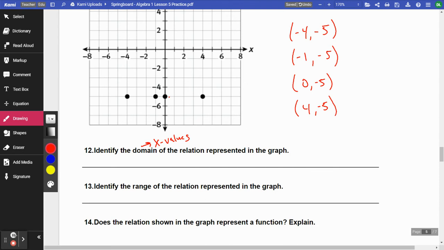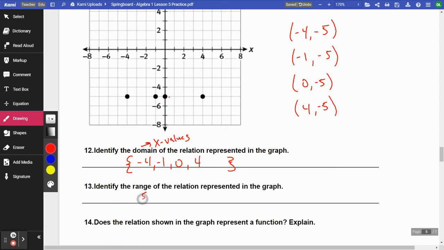Now my domain. Remember, domains have to be in a bracket. I'm going to list all of my x values from least to greatest order, and no repeats. So I have -4, -1, 0, and 4. All right, there's my domain.